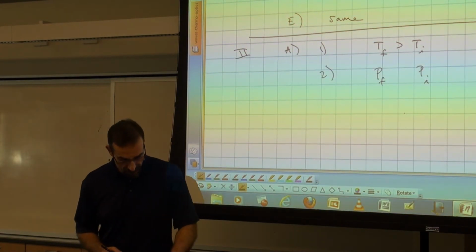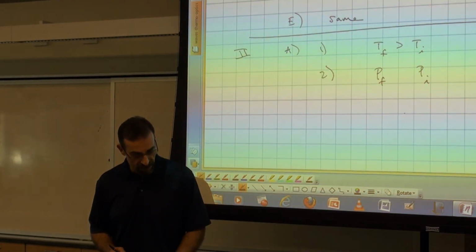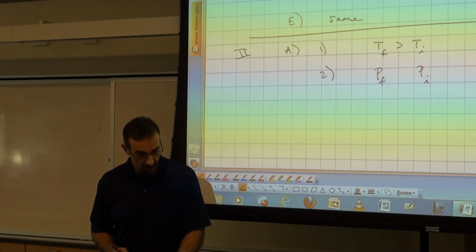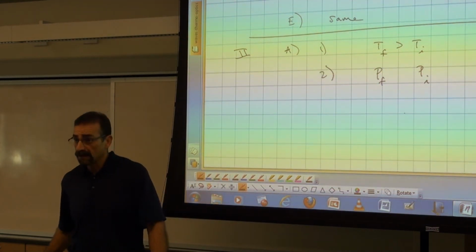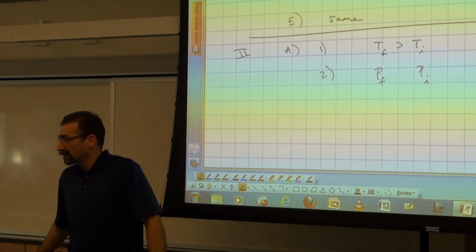It's the same type of cylinder we had in the previous case. So the piston is free to move up and down on a frictionless surface there. Did you understand that?